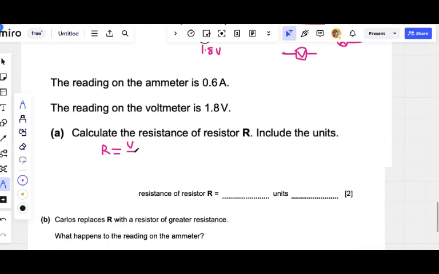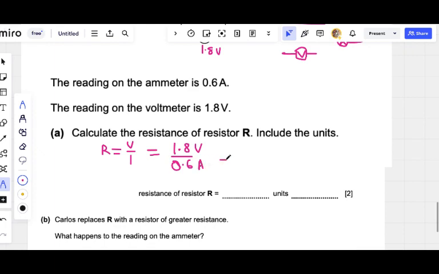So we say the voltage is 1.8 over 0.6 ampere, the value of the current. They said we should include the unit, so I put the unit here: 1.8 volts over 0.6 ampere.